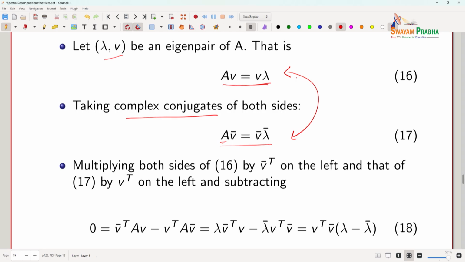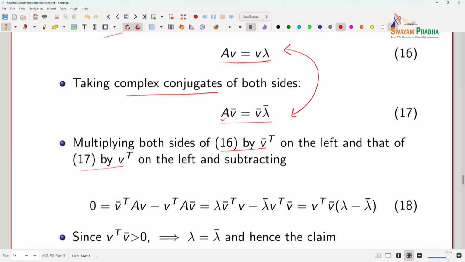Now, I am going to multiply the left hand side of 16 by v bar transpose and that of 17 by v transpose. So, in that case, I am going to get v bar transpose Av and v transpose A v bar. Now, please understand, A is a symmetric matrix, these two quantities are equal, so the difference is 0.